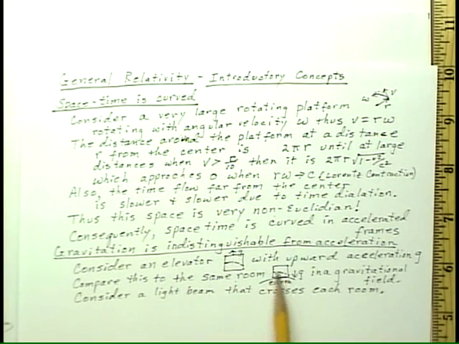Then suddenly the one that had the gravitational acceleration rather than the actual acceleration would not bend and would go straight across the room.